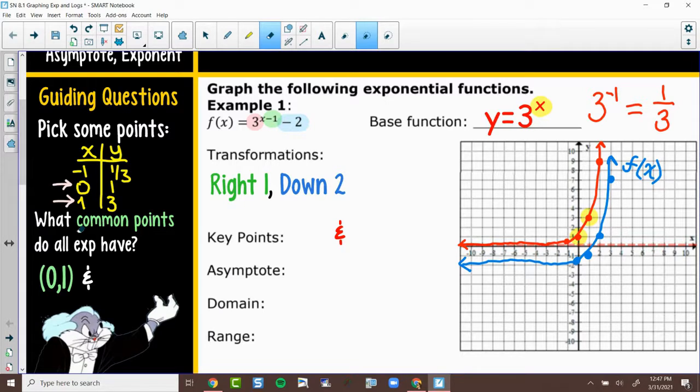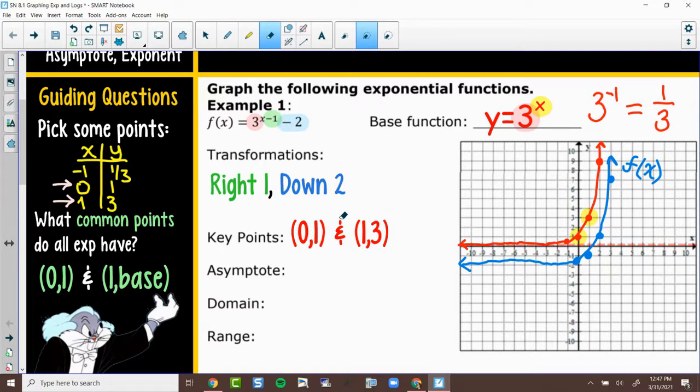But if it's 2 to the 0, 10 to the 0, it always goes to 1. The good thing is when we plugged in a 1, I ended up doing 3 to the first, and it got me back to 3, and 3 was the base. So that is going to be the other common point: 1, comma, whatever the base is. So these were the key points that we shifted.